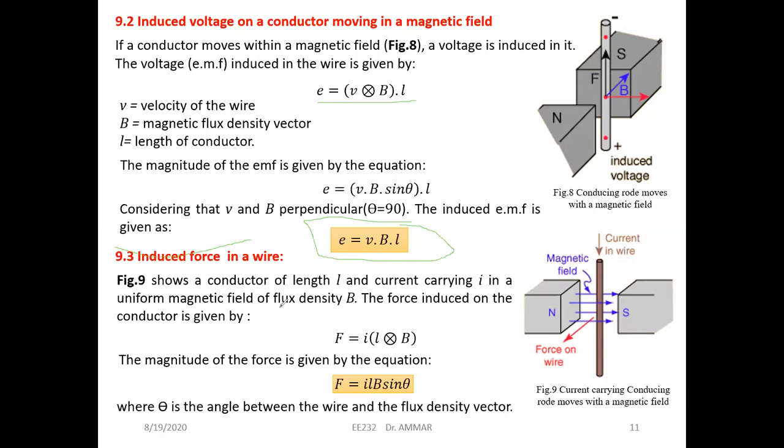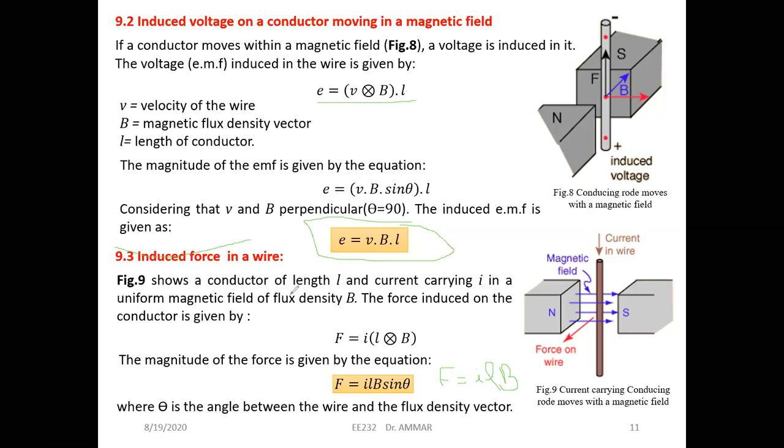The induced force is the cross product of the current times L cross B, so F equals I L B sine theta. Of course, if theta is 90 degrees, F equals I L B. This is the induced force.